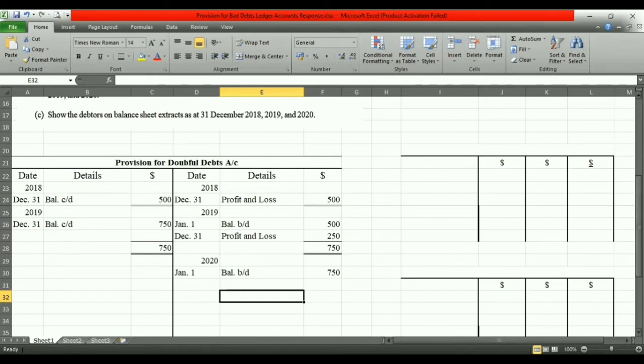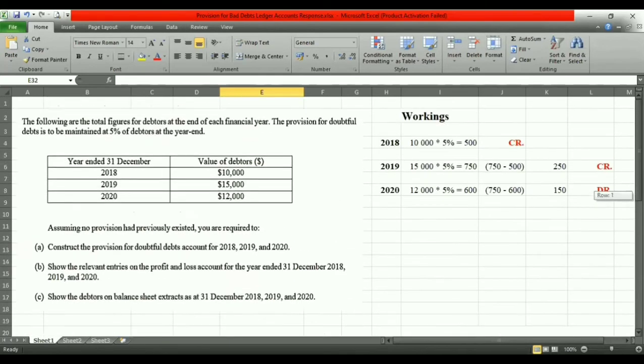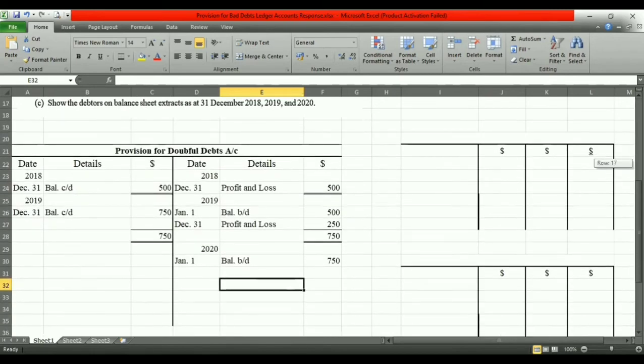That's another way of double checking if your provision account is actually correct. So do remember, whatever you have as your balance brought down is the same thing that you have calculated in your working. So use that to double check if your provisions account is actually correct.